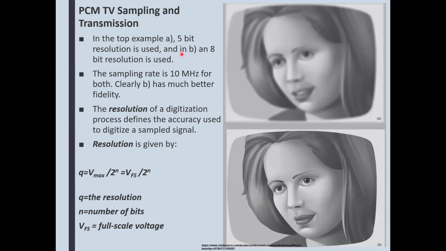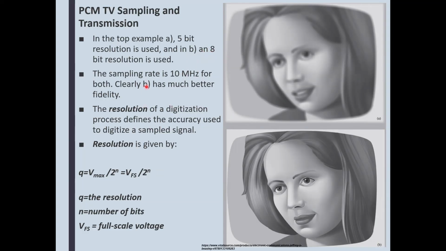And in B, 8-bit resolution is used. See how much 3 bits can do? The sampling rate is 10 megahertz for both. So the sampling rate is 10 megahertz.